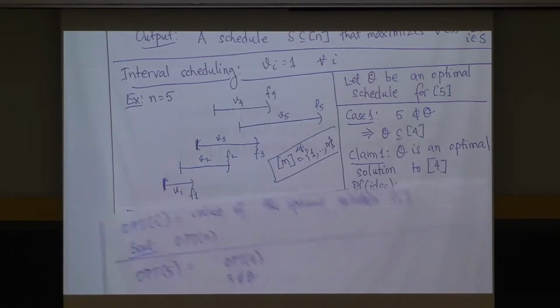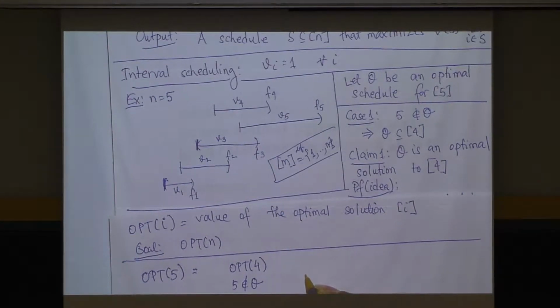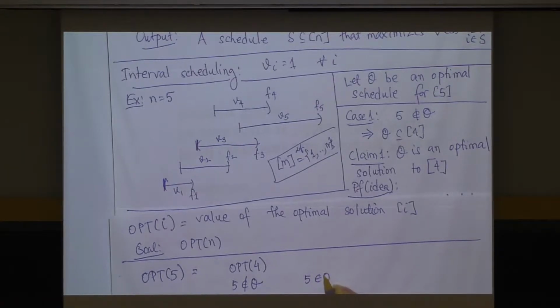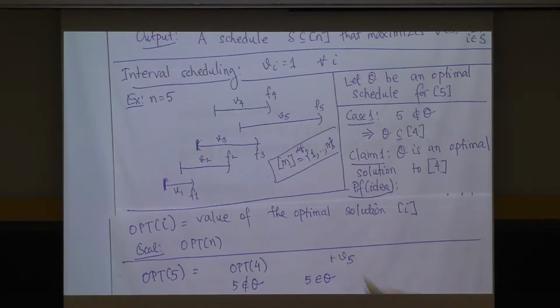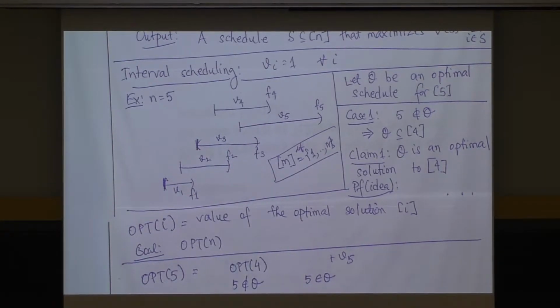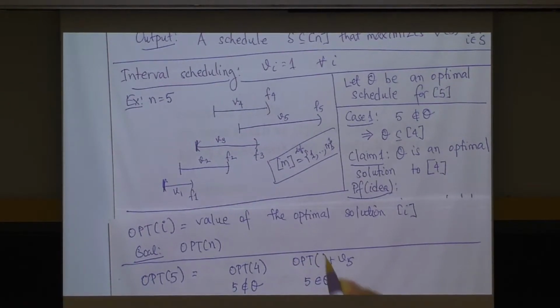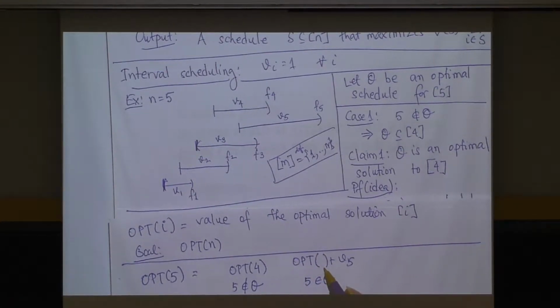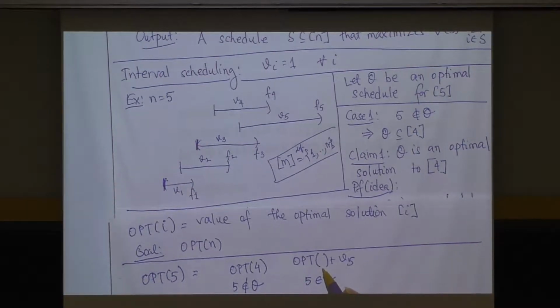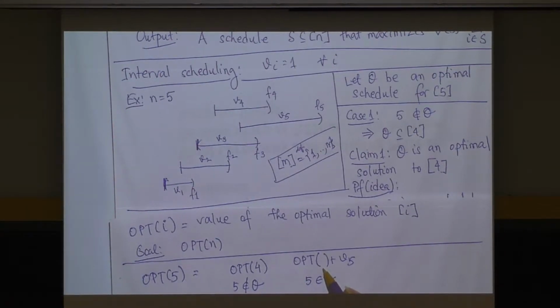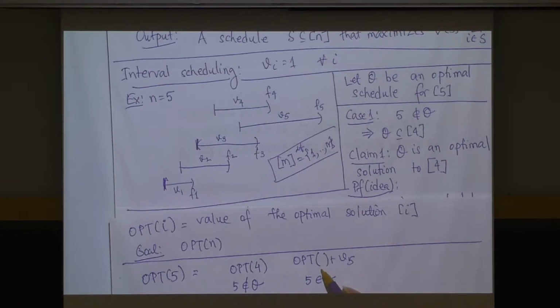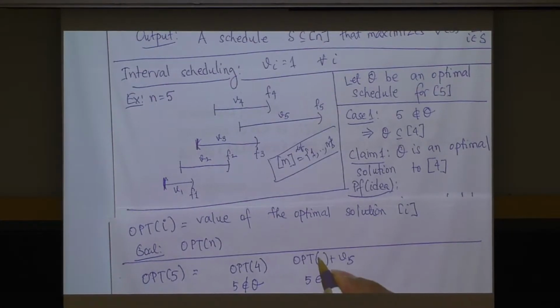In the case where 5 was actually in the optimal solution, we get the value from picking the fifth guy, but whatever remains is the optimal solution for a smaller problem. So what should I put in here? If 5 is in the optimal solution, then opt of 5 is V5 plus opt of what? Whatever doesn't conflict with 5. Which is what? In this case, it is 2, right?